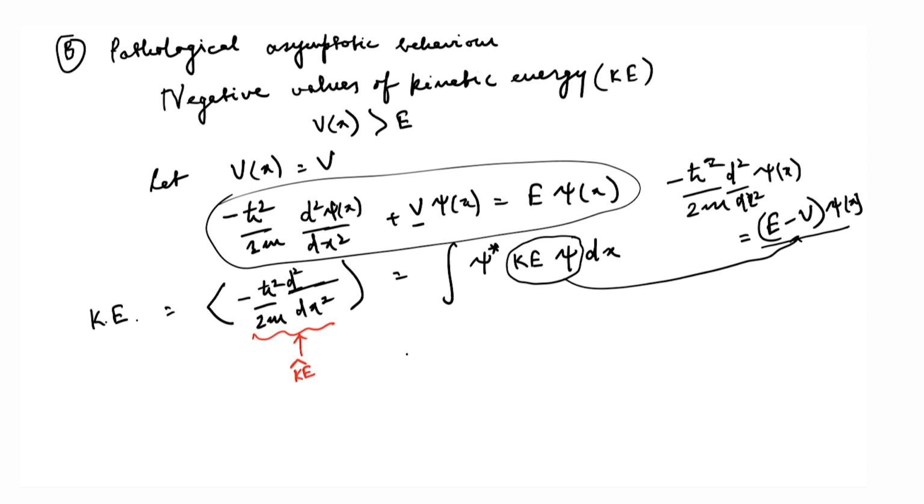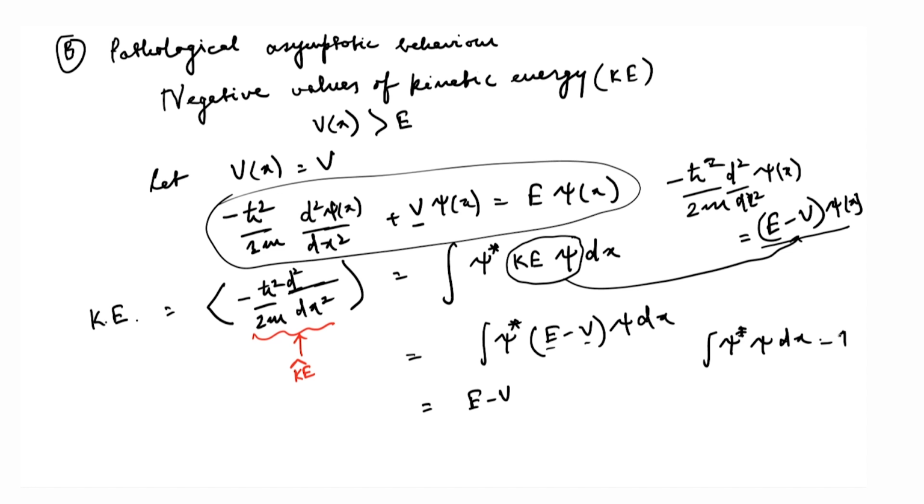We land up with psi star psi times E minus V, and E is a constant, V is also a constant for us, so we can pull them out. Assuming that my psi is normalized, the integral of psi star psi dx is equal to 1. So this is what we get as the expectation value of the kinetic energy.